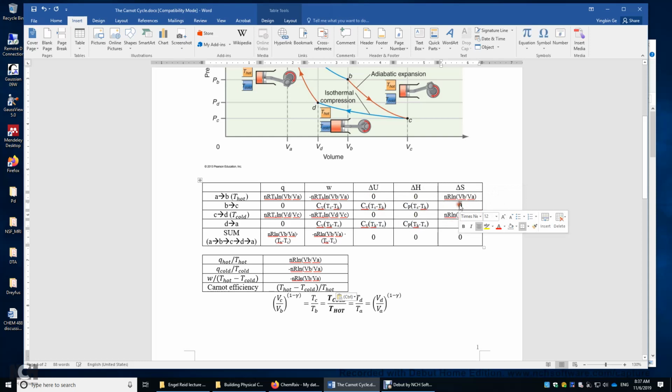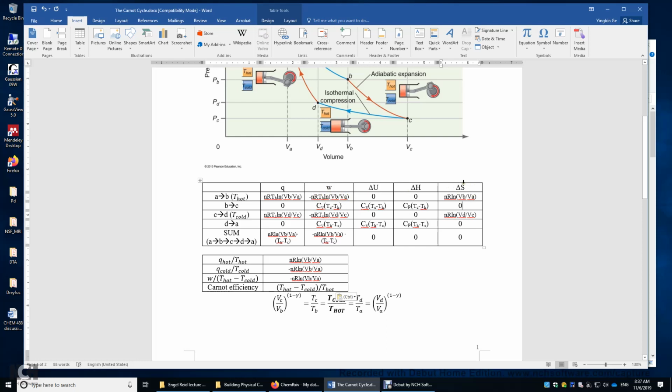Finally, just because of the definition of entropy, dS equals dQ reversible over T, therefore, we can put 2 zeros here and here for the adiabatic reversible process. And then after that, we need to use the definition of work, negative integral P external dV, to compute this work here.